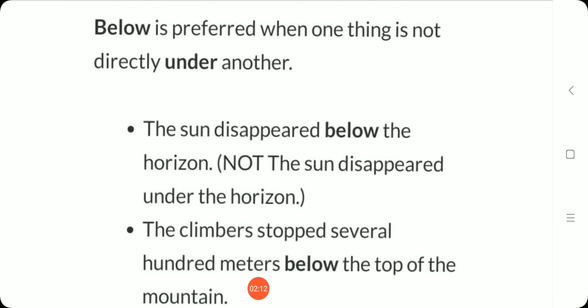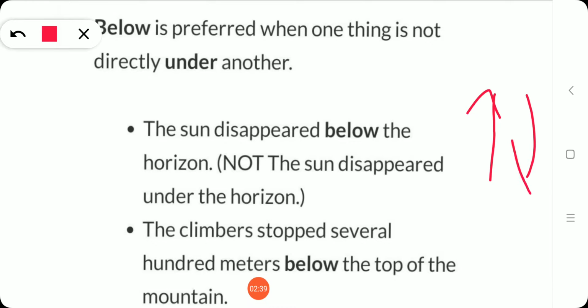Look at this. Below is preferred when one thing is not directly under another. What we have seen is that above should be used when one thing is not directly over the other. Likewise, below should be used for things which are not directly under another.